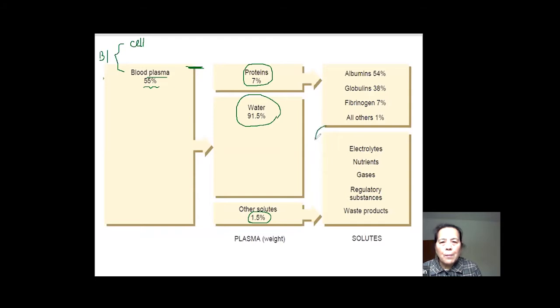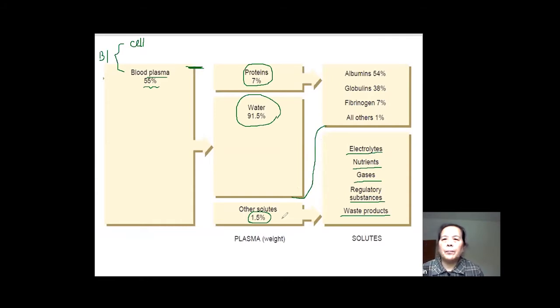Some ions, some nutrients, some gases, some waste products, some hormones. Together, it's just 1.5% of the blood plasma.